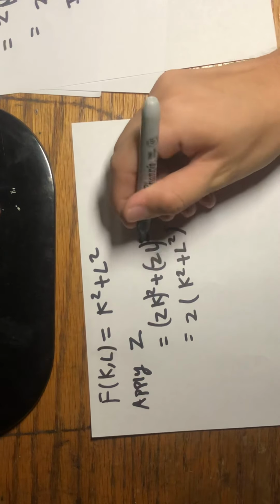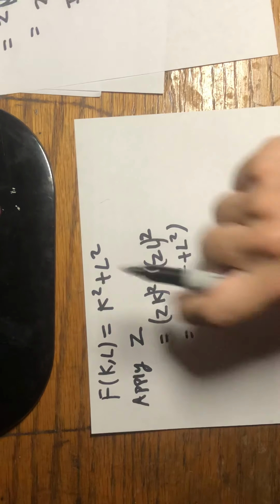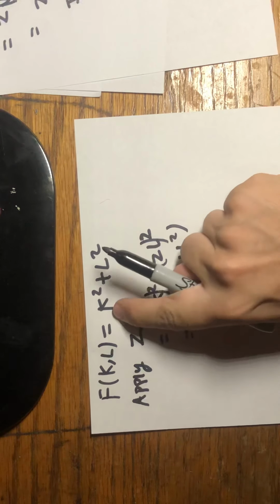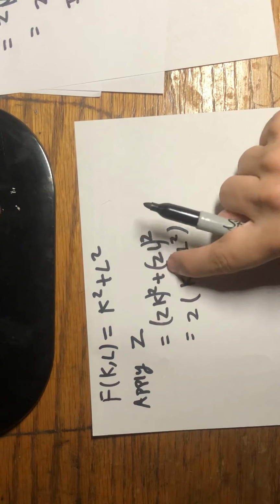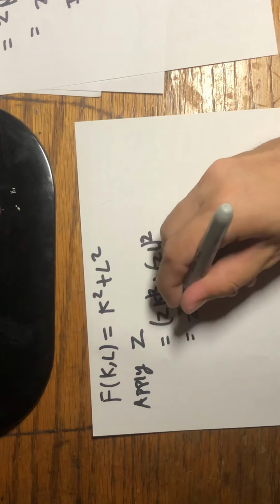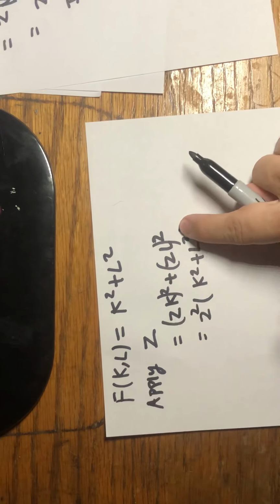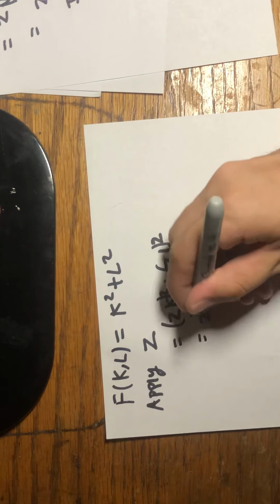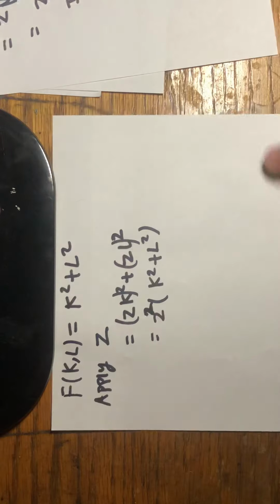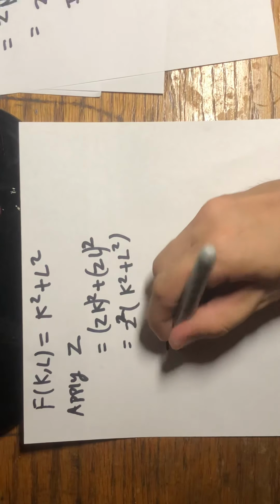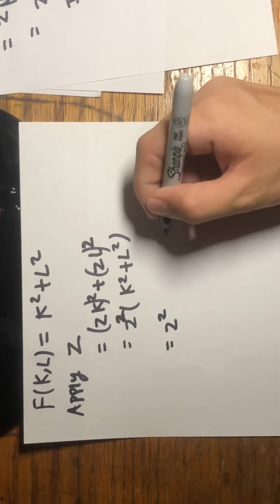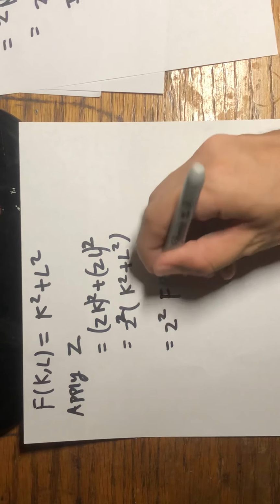The reason why we apply Z over here is that we're applying Z to the actual inputs, so it's going to be Z times K, squared, and Z times L, squared. So we're going to have a squared value out here because we're factoring out the Z squared. That was my fault. Sorry. Okay, now we do the same thing, substitute this with our function, and we're going to have Z squared multiplied by f of K, L.